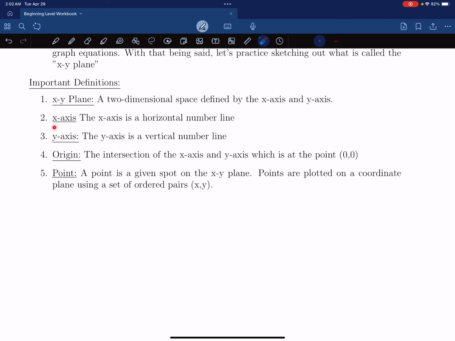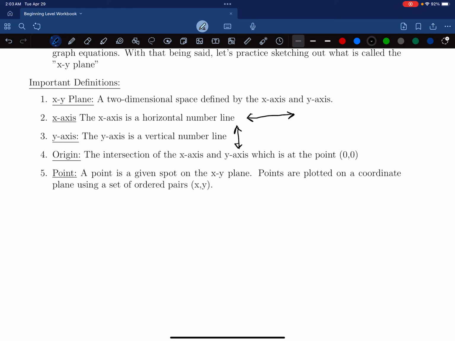The x-axis is a horizontal number line, and the y-axis is a vertical number line. A horizontal number line means we have a number line that looks like this. And vertical means the number line goes up and down.